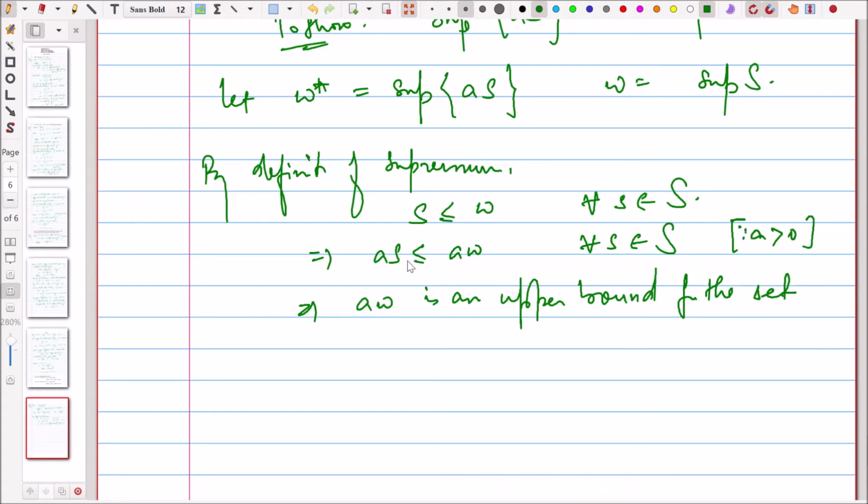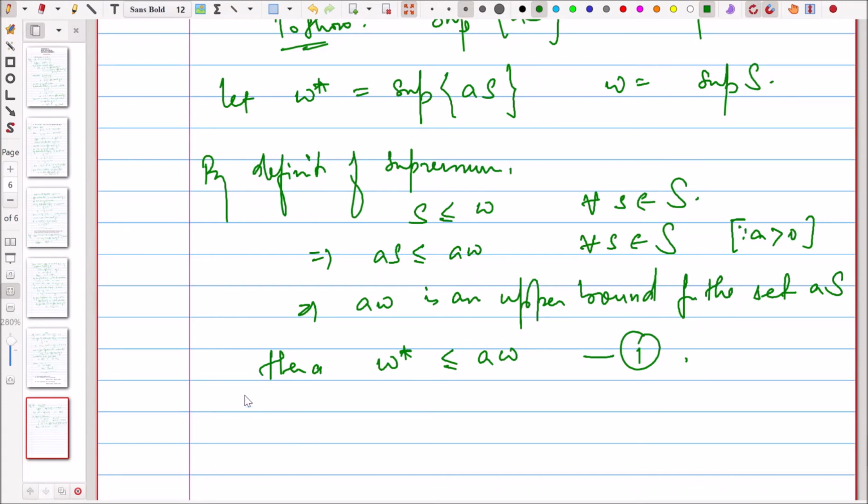We are multiplying by a positive number, so the inequality will not reverse. So aw is an upper bound for the set AS, hence w star, being the least upper bound, is less than or equal to aw. Next we will prove that aw is less than or equal to w star.